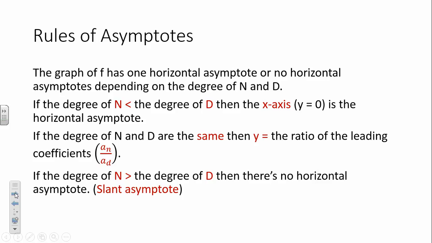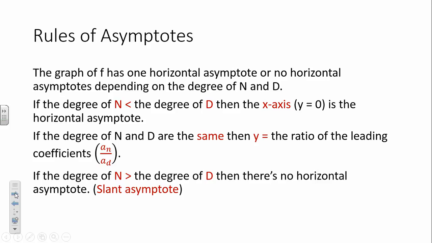The denominator had a bigger degree, higher power. What was our horizontal asymptote? Y equals 0, right? That was the x-axis, or y equals 0.